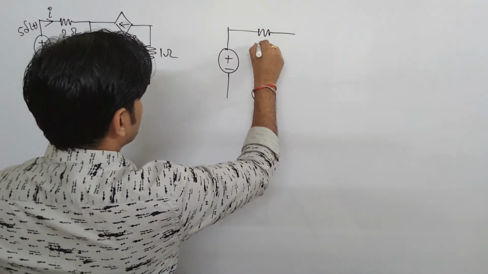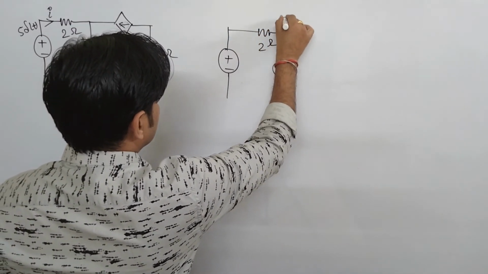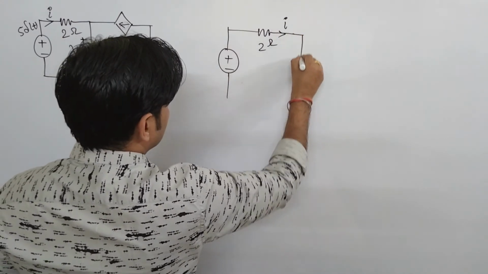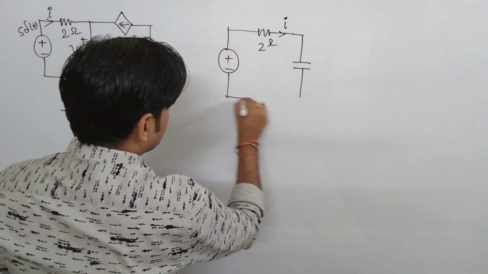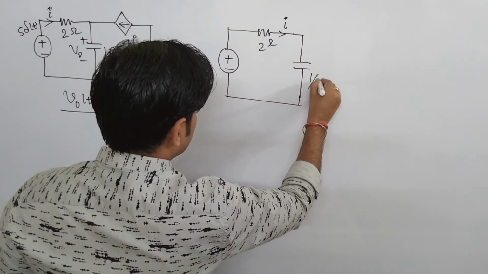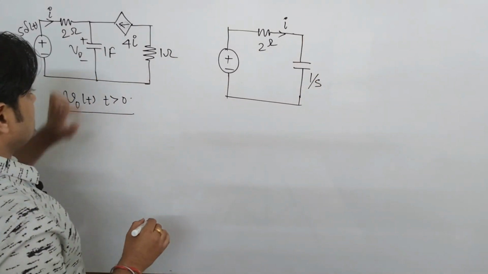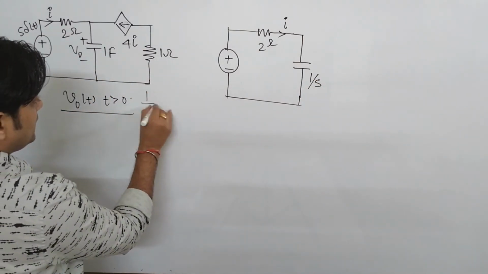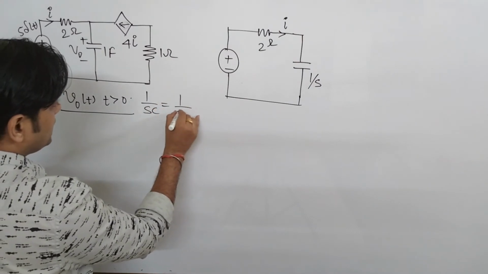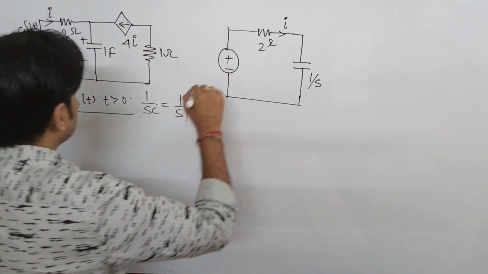Okay, this is 2 ohm, this is I. If I convert into Laplace, that comes to be 1 by s, because the value of C is 1, so 1 by sC is 1 by s into 1, that comes to be 1 by s.